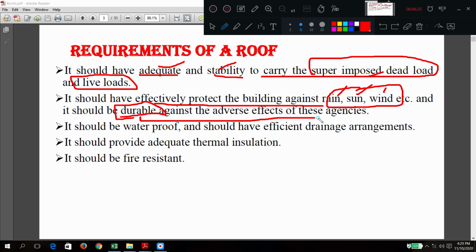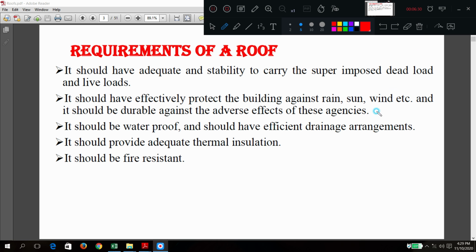Durable against what? Against atmospheric agency or weather conditions. Obviously it should be waterproof, soundproof, and have a sufficient drainage arrangement. So these are the requirements of a roof.